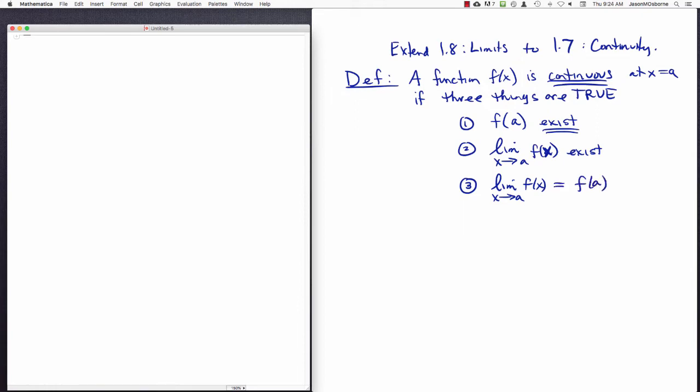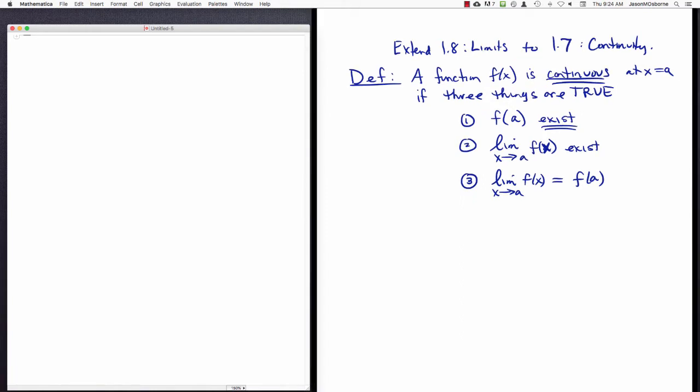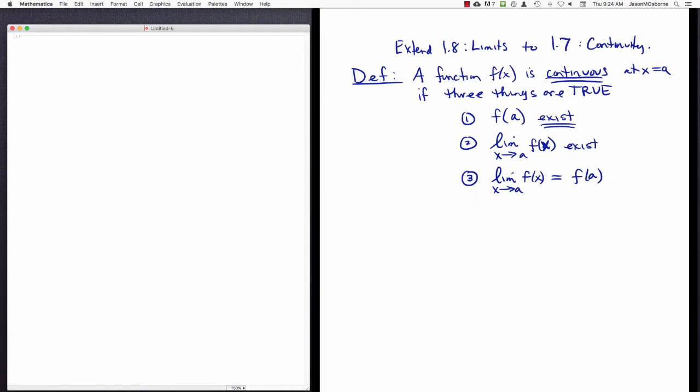Let's show an example right here. We'll come down here and create a graph. This section really utilizes a lot of graphical techniques. So here's the x-axis, here's the y-axis. I'm going to draw a function here. Let's say this is 1, so the function is part of a line, and then it ends up around 4.